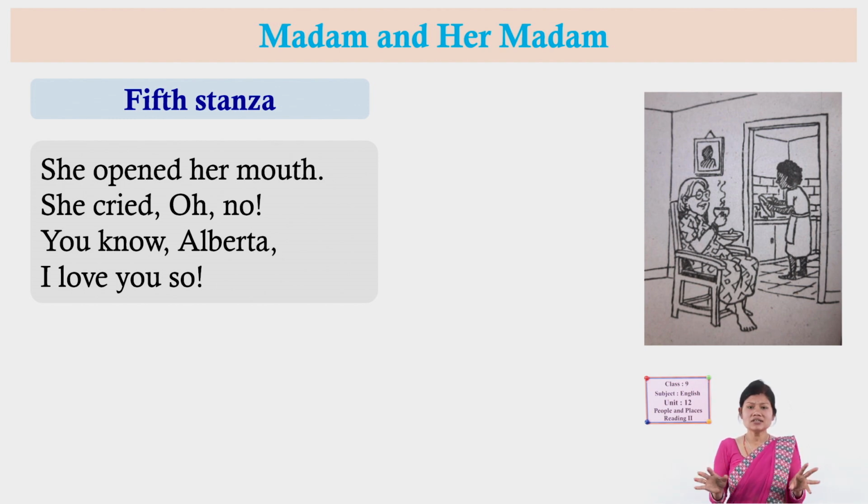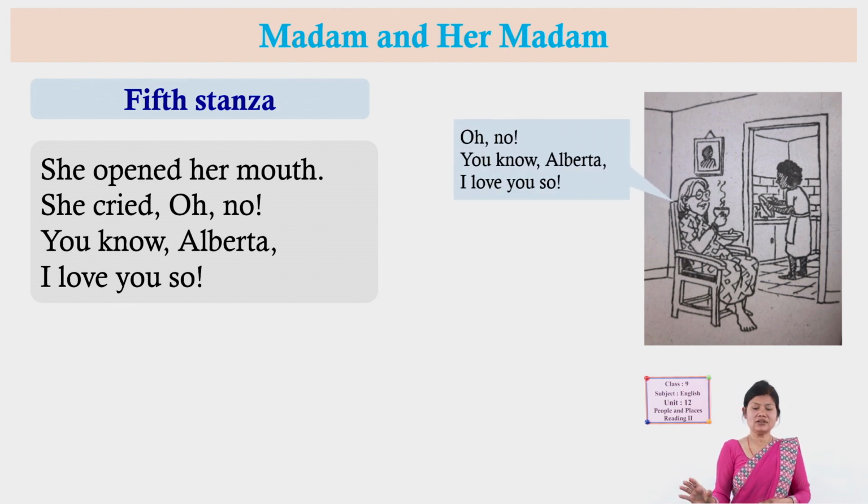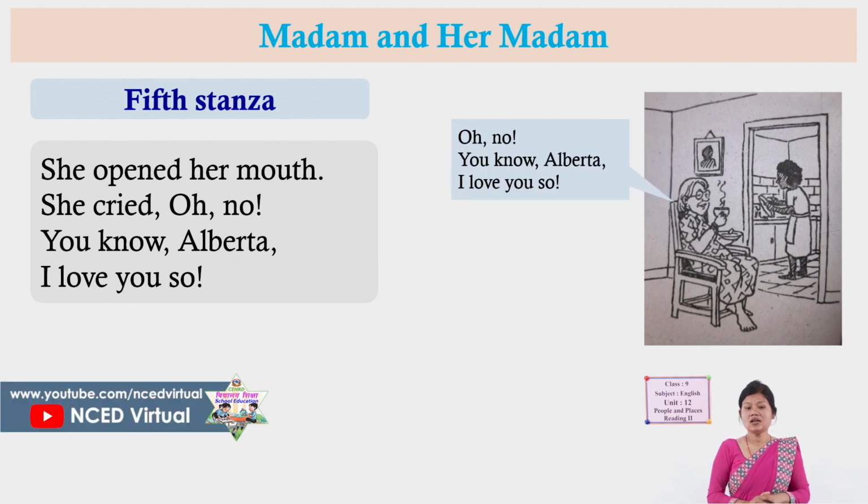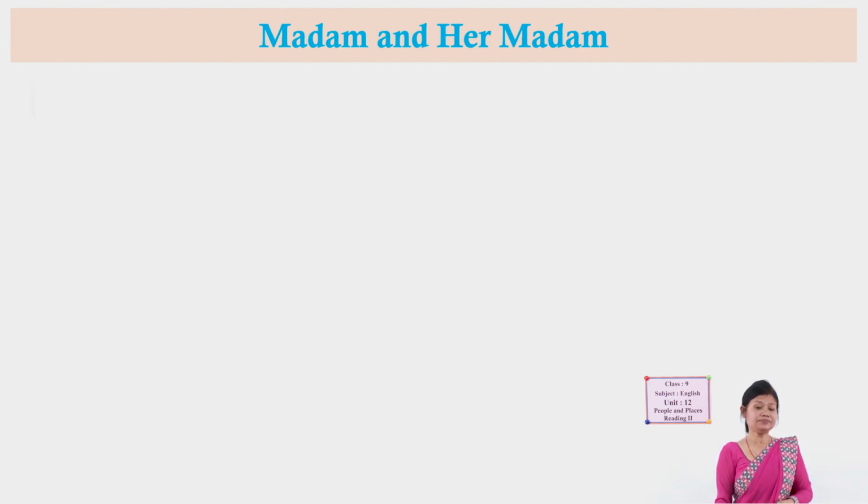It means I am not making you a pack horse; don't say so. Instead, I love you so much. I am not giving you a burden. So in this way, she is very lovingly replying to Alberta.